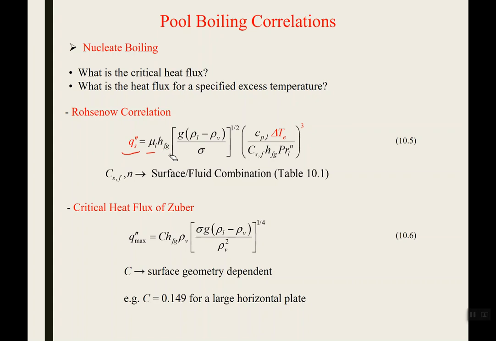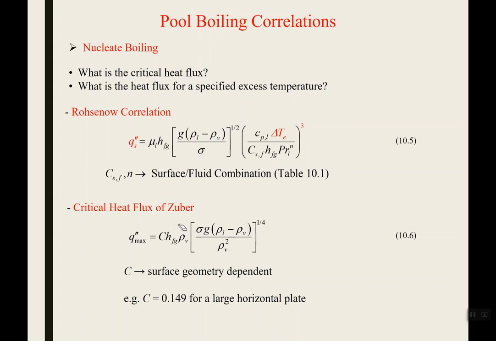To be consistent, that could be h_lv alternatively. That's dependent on gravity, on the density of our liquid and our vapor, also the surface tension of the liquid. It is dependent on our excess temperature as well as heat capacities, and then another parameter that you have to look up in table 10.1 of the book.